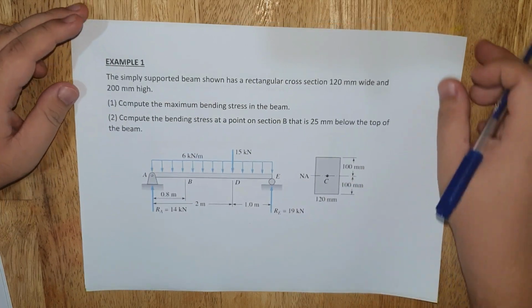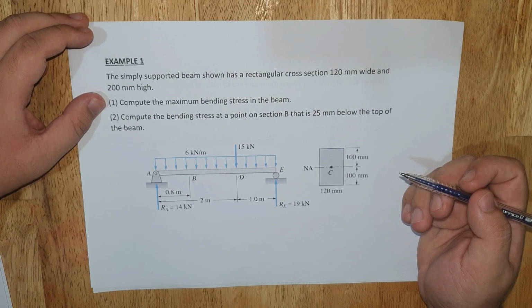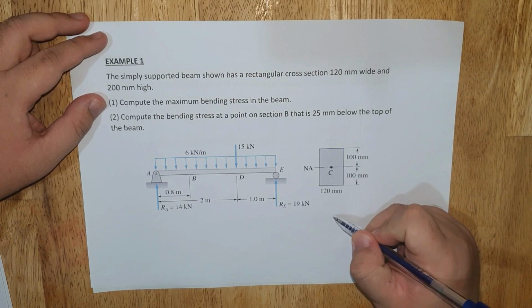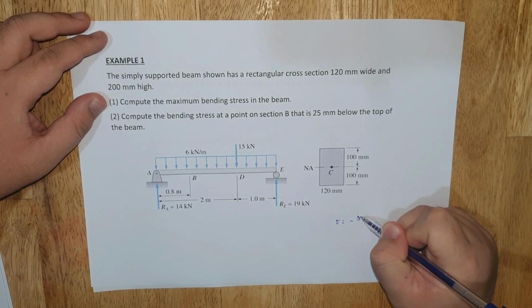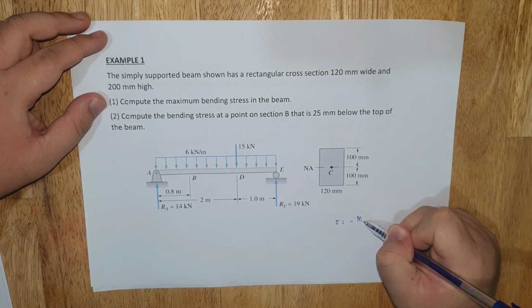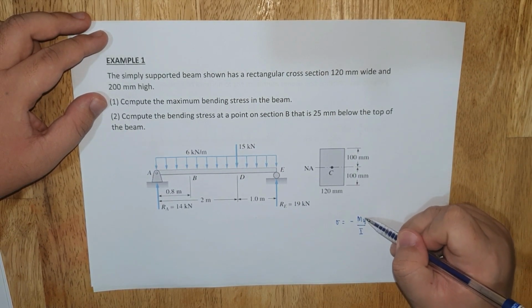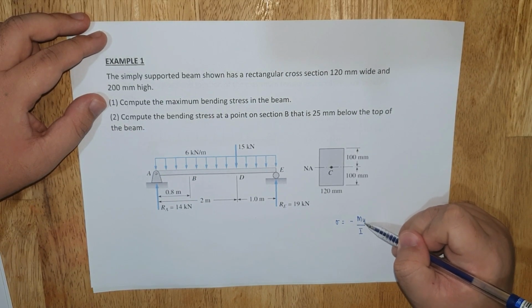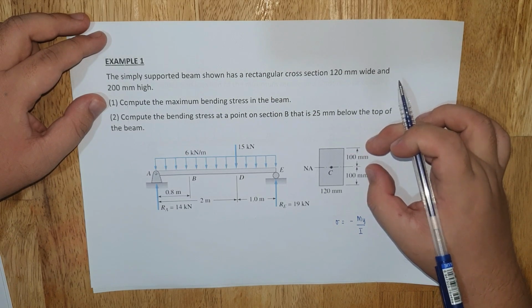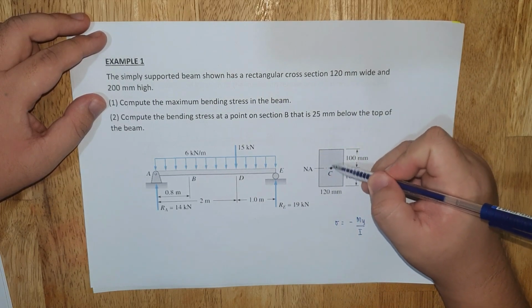So based din sa introductory video natin, pinapahanap yung maximum bending stress natin. So ano yung formula ng bending stress? Bending stress daw is basically the formula is sigma equals negative M times y over I. Okay. So yung iba, C yung ginagamit niya. C ang tawag sa kanya kapag yung pinaka-extent nung fiber o nung section natin. y is anywhere beyond this.